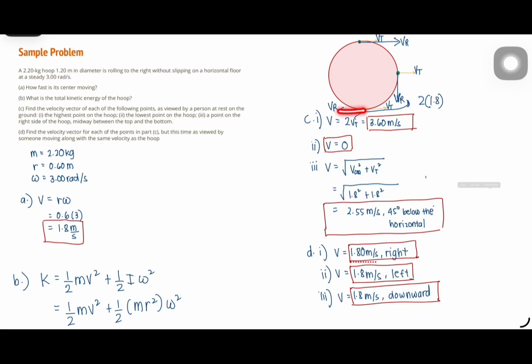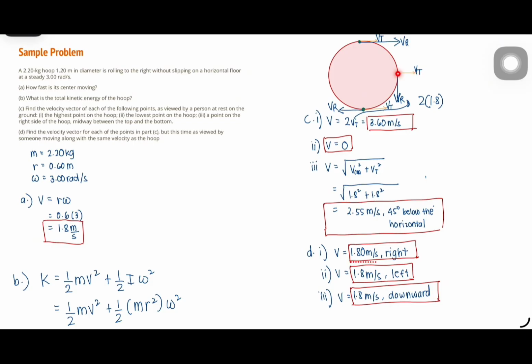Then sa lowest point naman, yung rotational at saka translational speed naman nito is magkaiba yung direction, kaya mag-equate siya sa 0. Then for part 3, yung velocity niya, pinapahanap is the velocity dito sa right side.